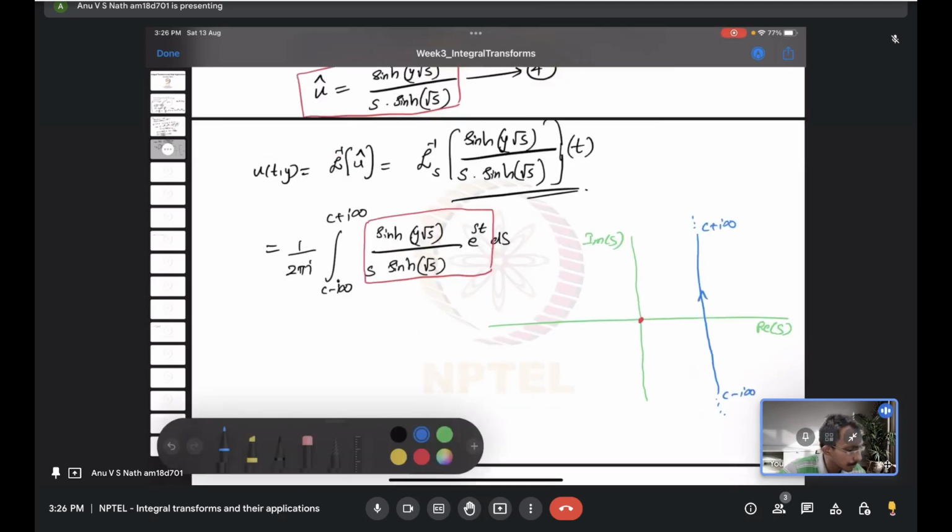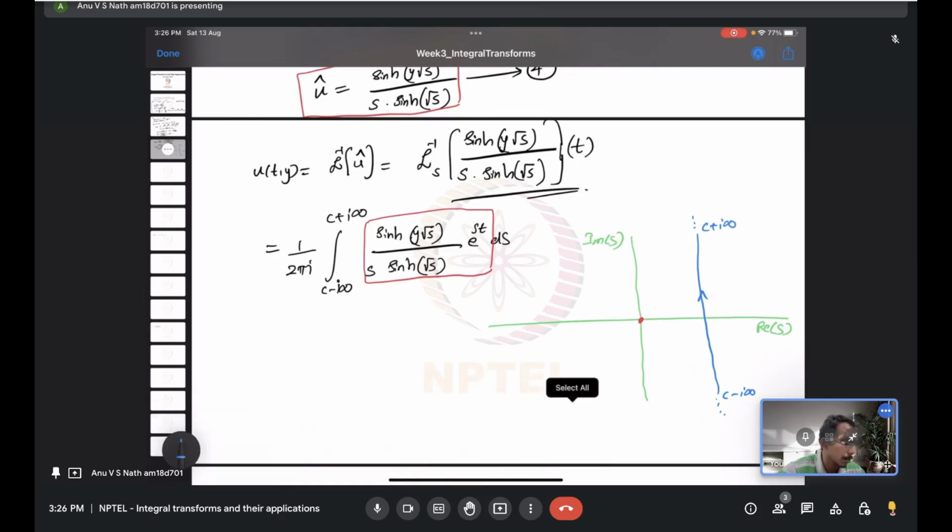Now we will use the method of contour integration by closing the blue curve. Actually the integration needs to be performed on this blue line, but we say there is a closed curve like this.